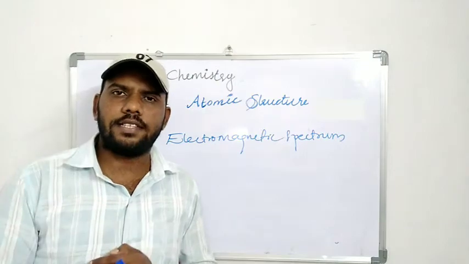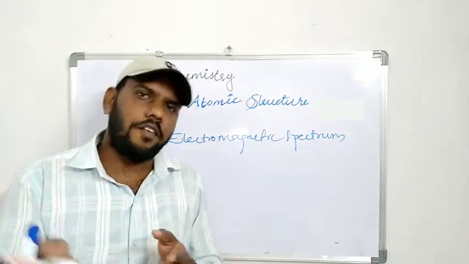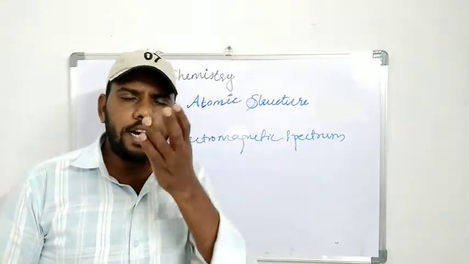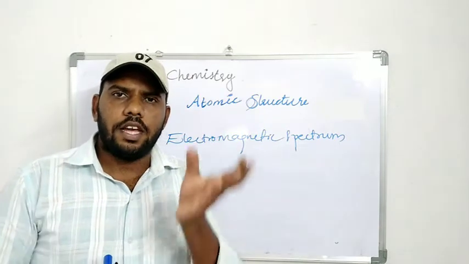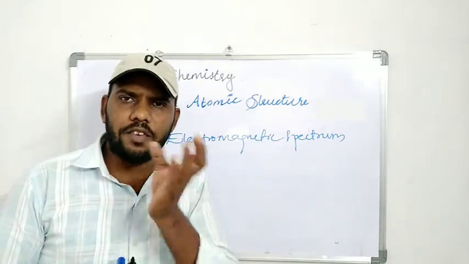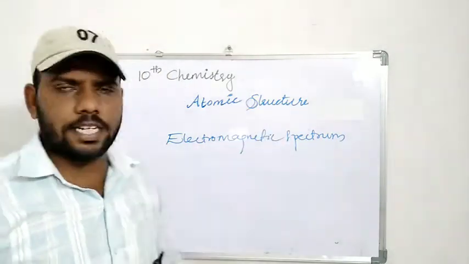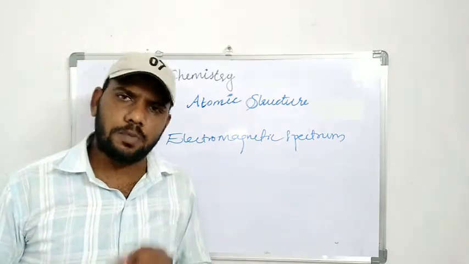So electromagnetic waves have a wide variety of wavelengths, from shorter wavelength to longer wavelength. The entire range of electromagnetic wavelength is known as the electromagnetic spectrum. Both ways we can say what we mean by electromagnetic spectrum.